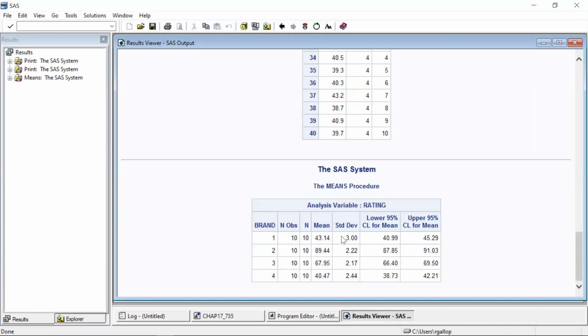Well, when I start looking at this, when I'm going to fit the ANOVA model, I'm thinking I'm going to reject that null, that the means are equal, with at least one separating. So I'm thinking here that brand 2 on average is going to be statistically superior to the other 3. When I look at the standard deviations, the smallest is 2.17, the biggest is 3.